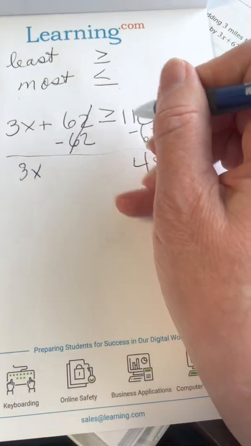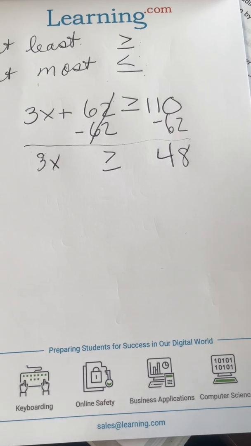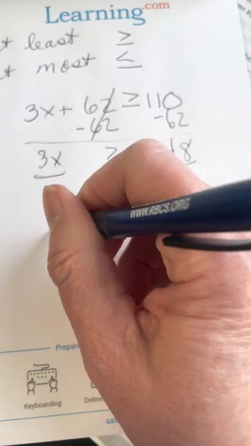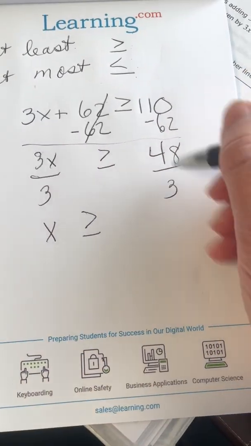Okay, and then we have our sign, greater than or equal to, doesn't change. Now we're trying to get x by itself, so we're going to divide both sides by 3, and x is greater than or equal to 16.